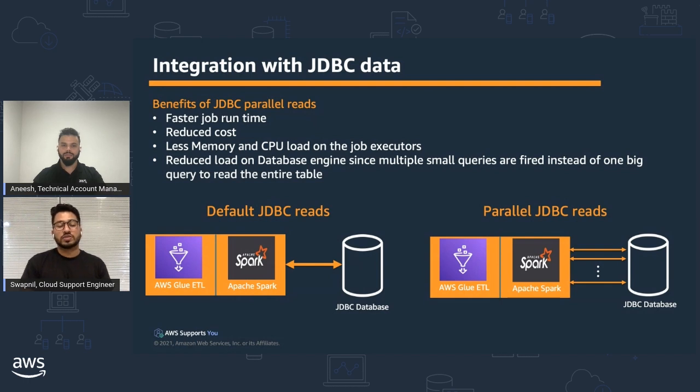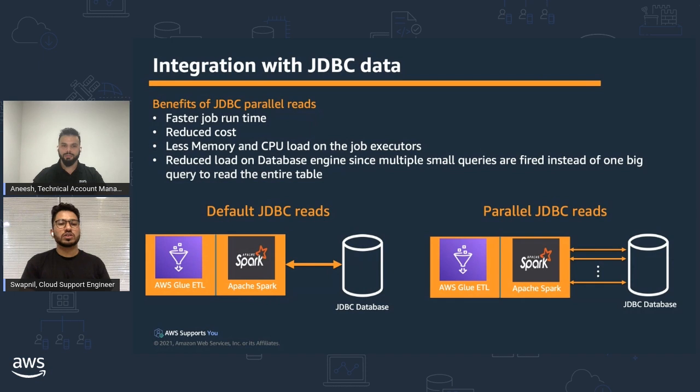Obviously, the job runtime comes down, and in Glue, you only pay for how long the job runs. So definitely, this will reduce the cost in a parallel JDBC read. And the memory and the CPU burden is less not only on the Glue executors, but also on the JDBC source.